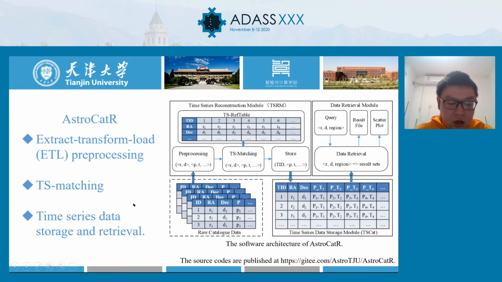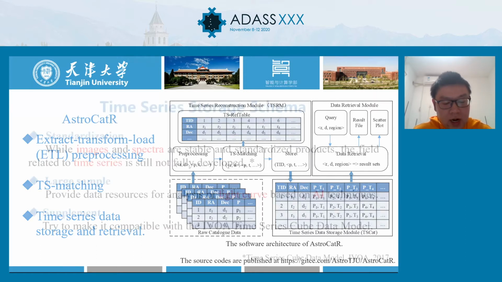The astronomical catalogues are transformed into sky regions, and the load is balanced through the partition function. TS matching is a special design for time series data reconstruction based on cross-match. The matching calculation is performed to generate time series datasets by the overlapped indexing method and in-memory reference table.